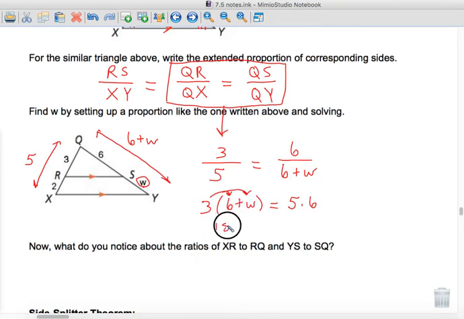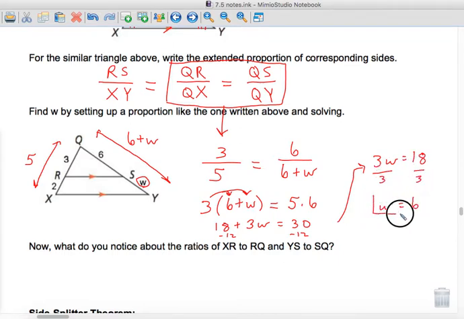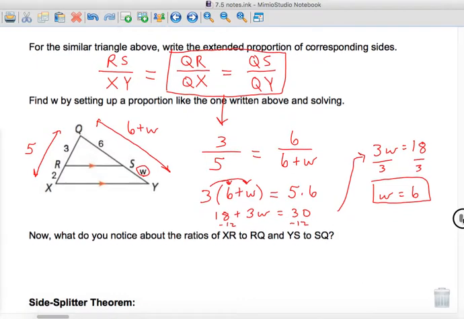We get 18 plus 3W equals 30. Subtract the 12 from both sides. We end up with 3W equals 18. And then we divide by 3 on both sides. We end up with W equals 6. And that's what we were looking for. Find W. We got it.